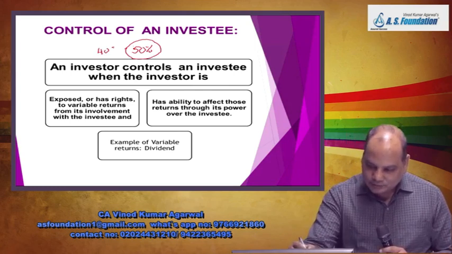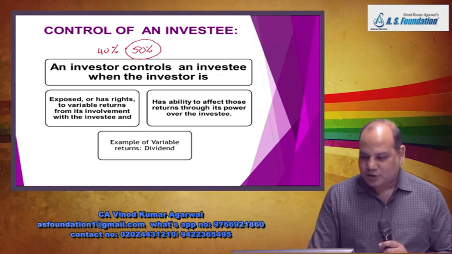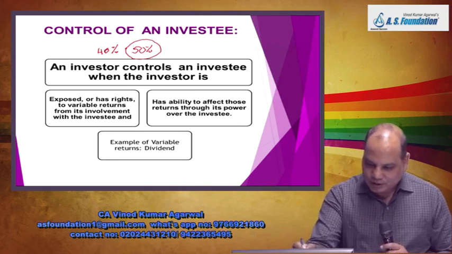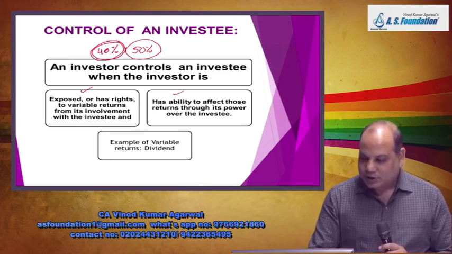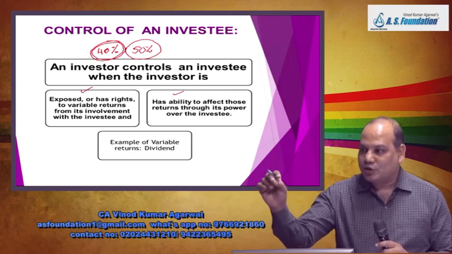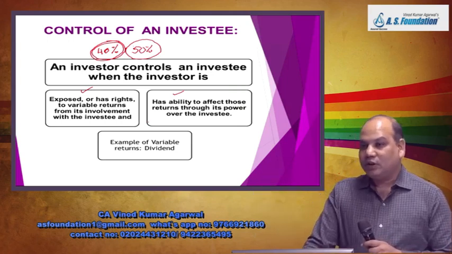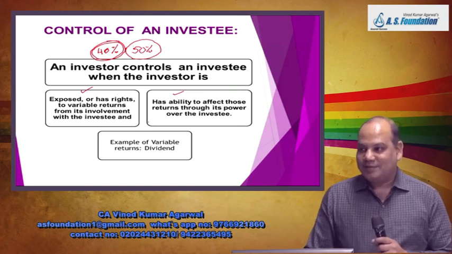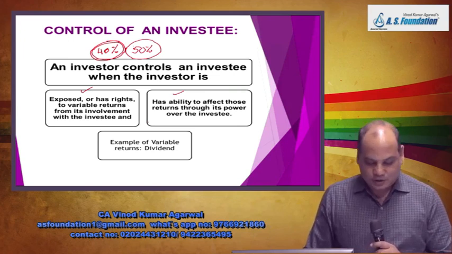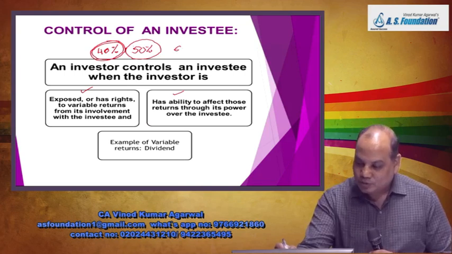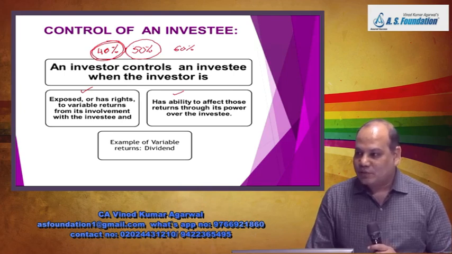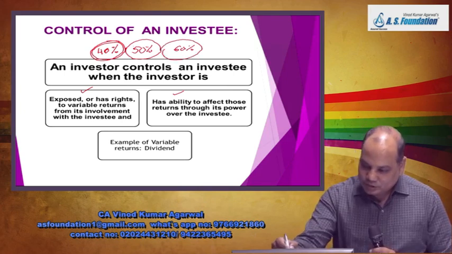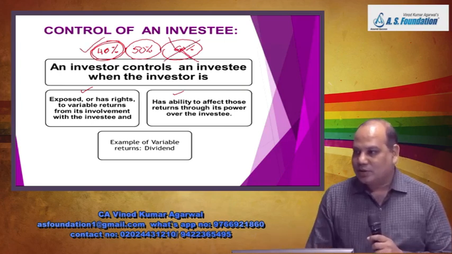With less than 50%, say 40%, an entity is holding 40%, but if it can satisfy the meaning and definition of control, that entity will also apply IFRS 10. And if you are holding say more than 50%, but you are not having control, then this entity can be exempted.